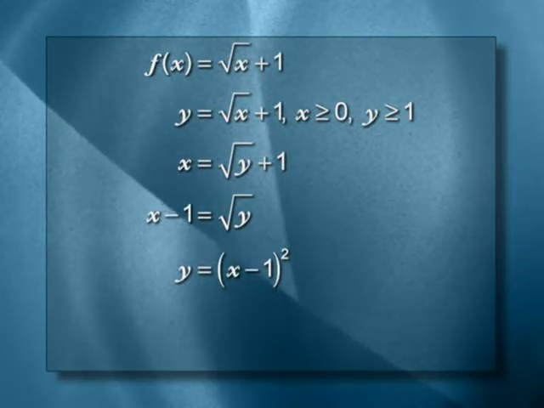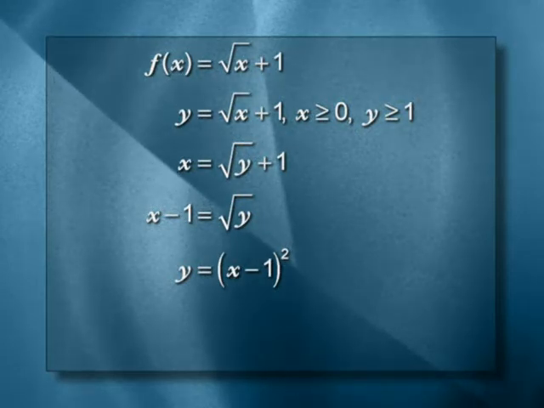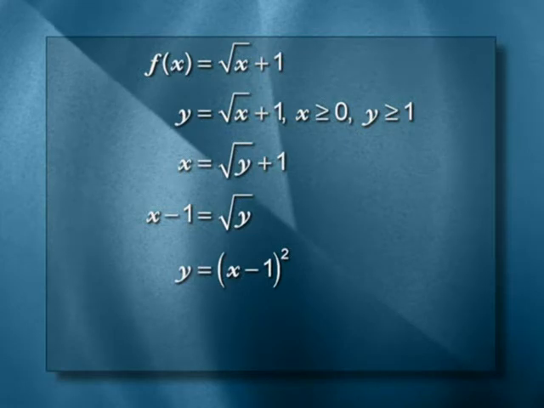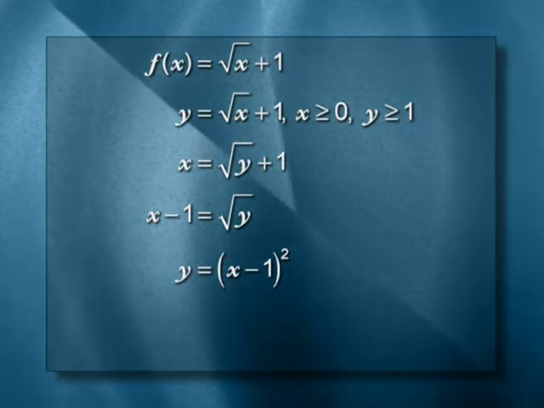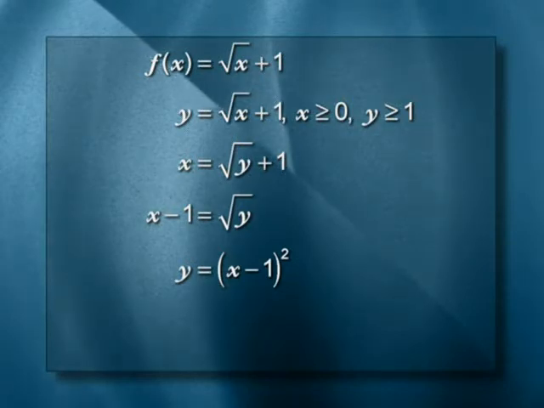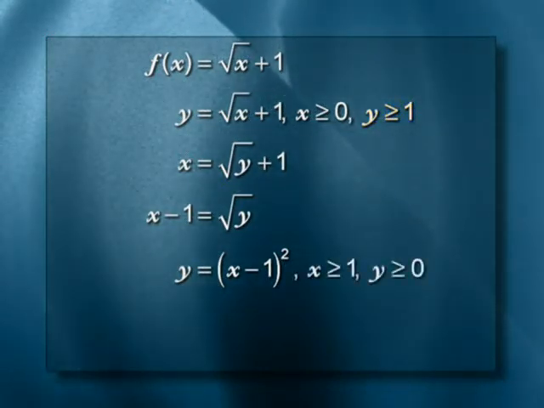Aha. Be careful here. (x minus 1) squared as it stands is not a one-to-one function. We have to think about the domain here. Well, remember, look back at the original function. What was the range of that original function? It was y bigger than or equal to 1. That means the domain of the inverse must be greater than or equal to 1.